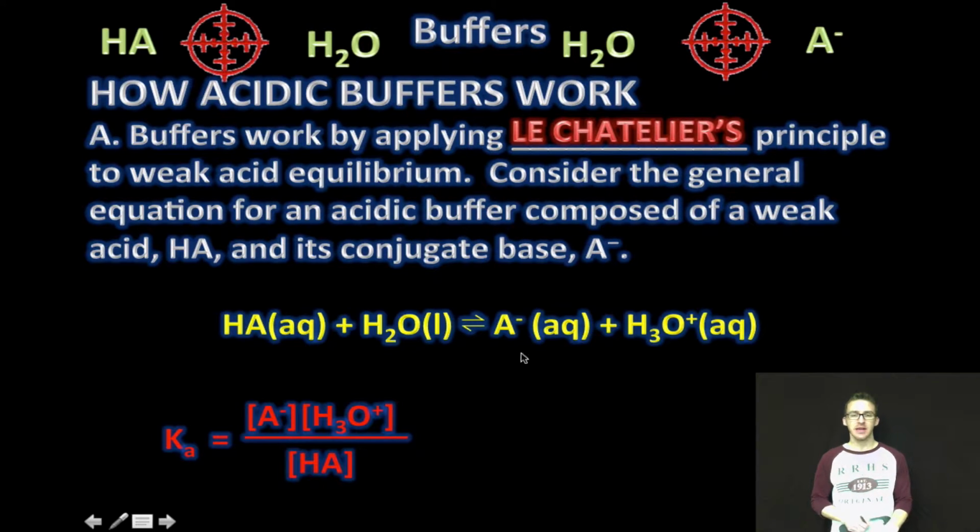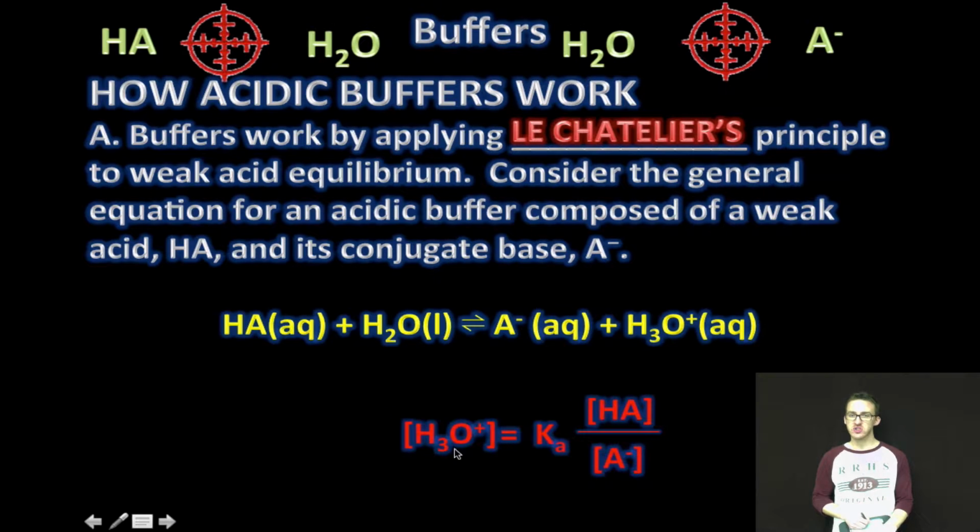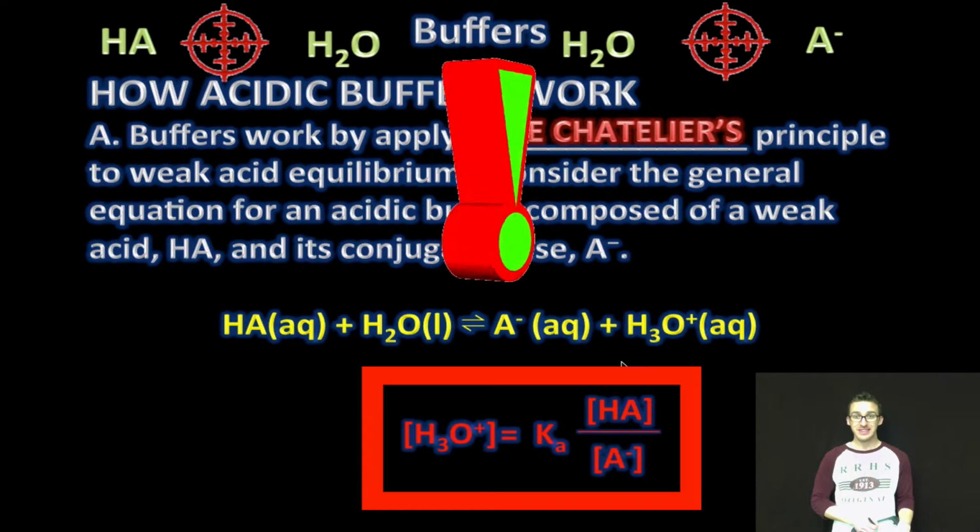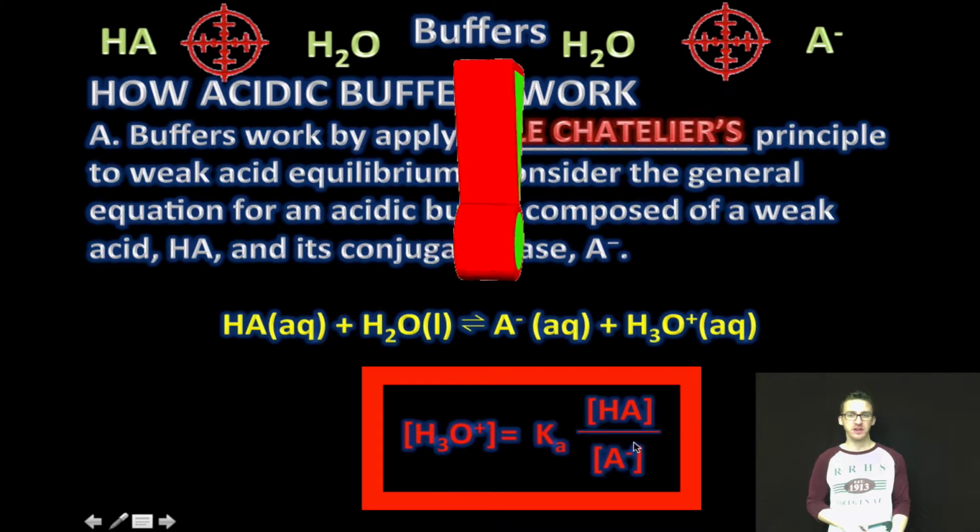To understand how it resists changes in pH, we're just going to rearrange this equation to solve for hydronium ion concentration. Remember, from hydronium ion concentration, we take the negative log to determine the pH of a solution. This rearrangement of your Ka expression is going to be super important for everything we do with buffers.